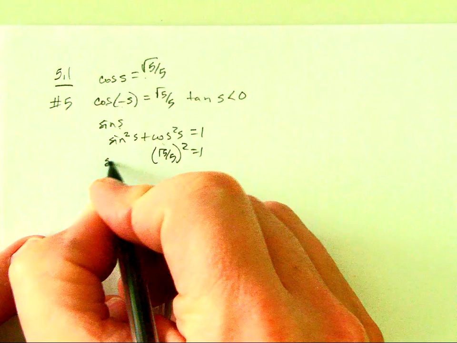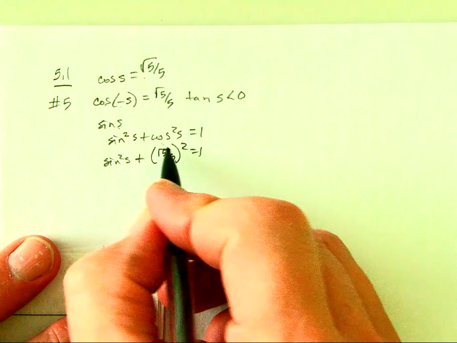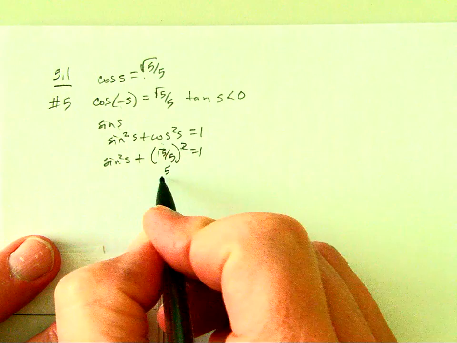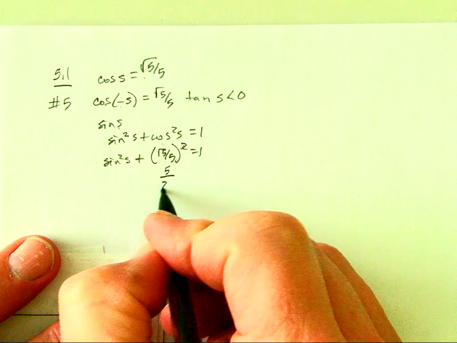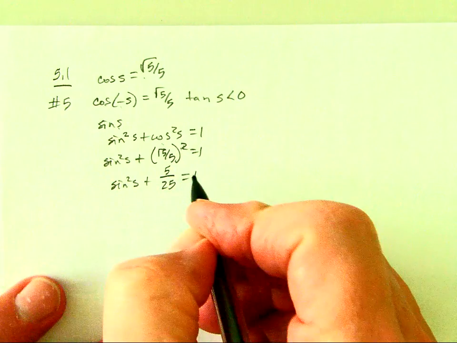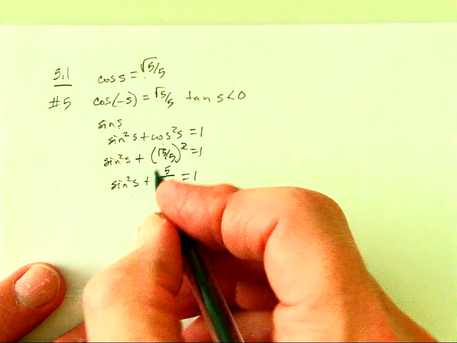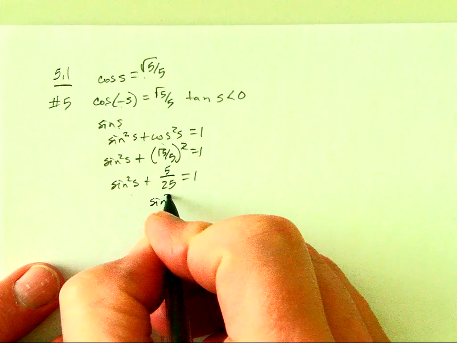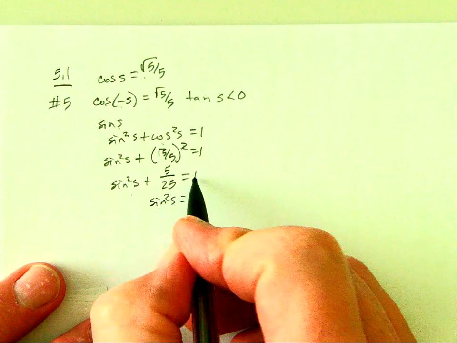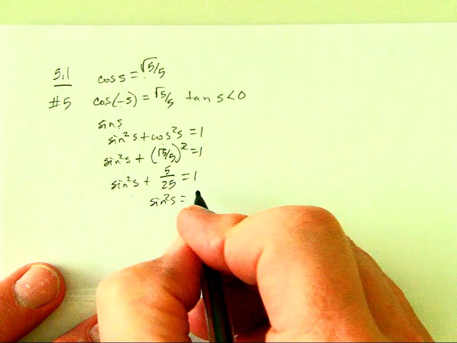So now we have that. Now we're going to solve. If we square that, radical 5 squared is 5. On the bottom, 5 squared is 25. So now we have this. We want to get sine by itself, so we're going to subtract 5 25ths. That's 25 25ths minus 5 25ths, which is 20 25ths.